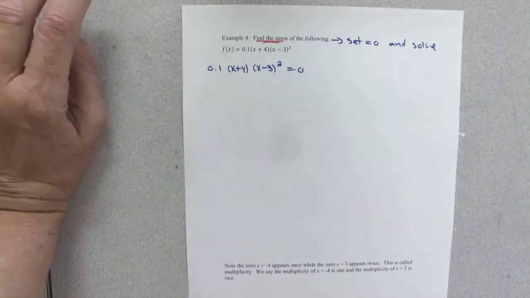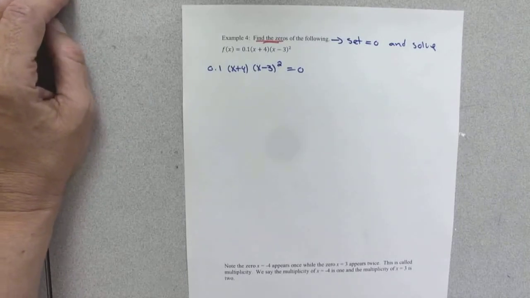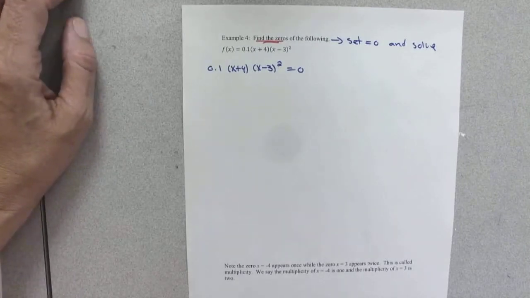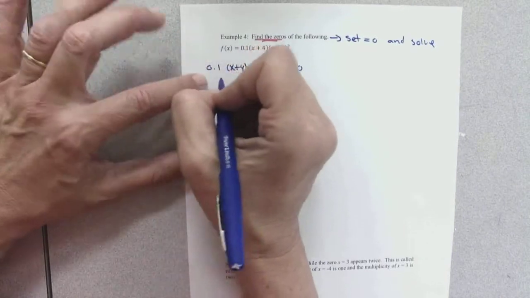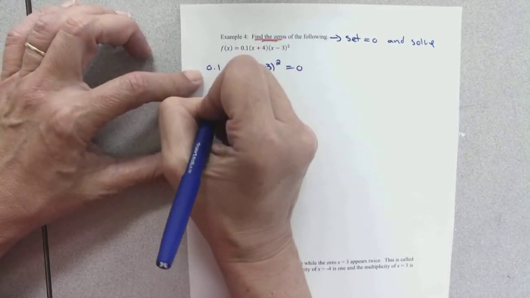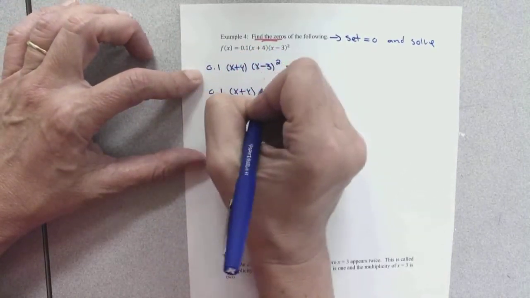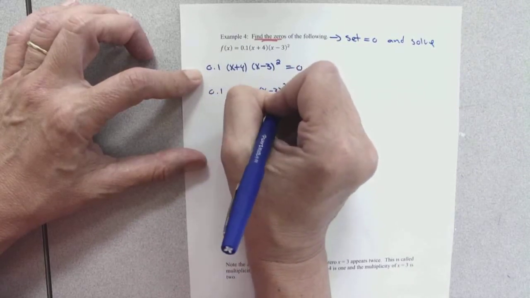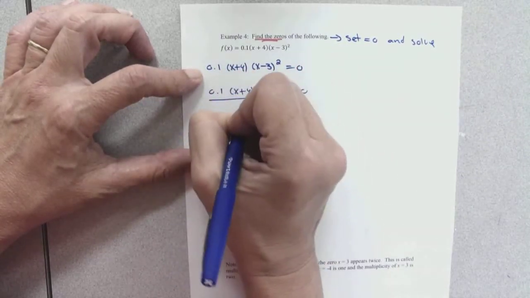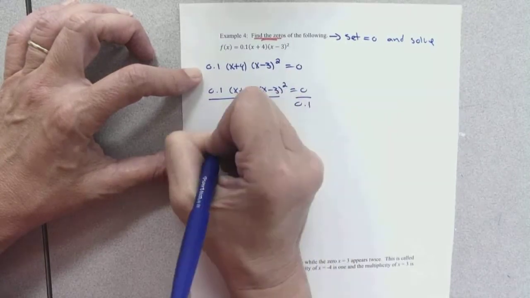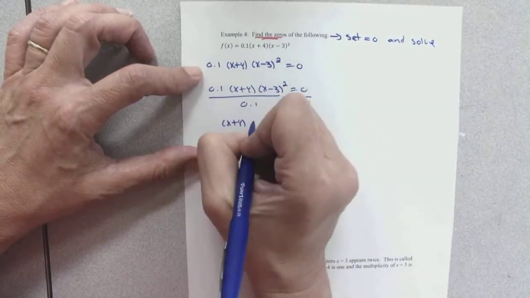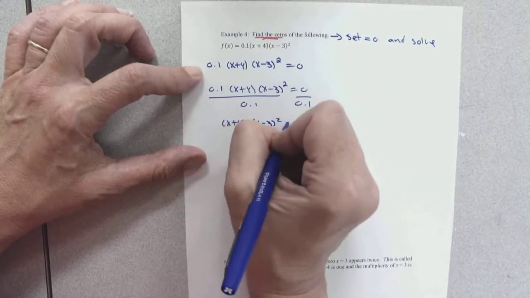Now there's an easy way and a hard way to do this. We'll go with the easy way. Easy way first, I'm going to get rid of that 0.1. And so I'm just going to divide both sides by that 0.1. And so I have (x plus 4) times (x minus 3) quantity squared equals 0.